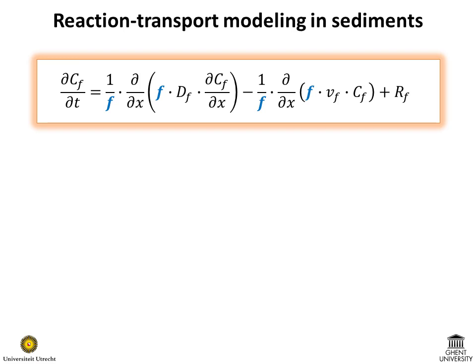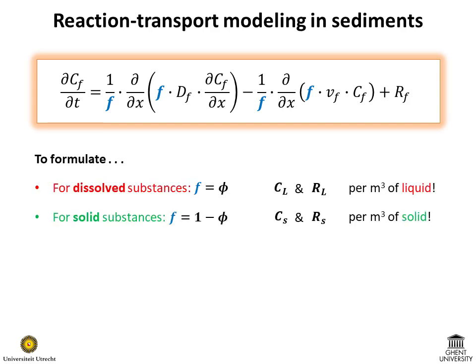We conclude that the mass balance equation that governs the distribution of substances in time and space along one dimension has a form as shown in the orange box. The equation accounts for the effects of reactions, transport, and porosity. To formulate this equation for a specific substance, one needs to distinguish whether the substance is dissolved or solid.